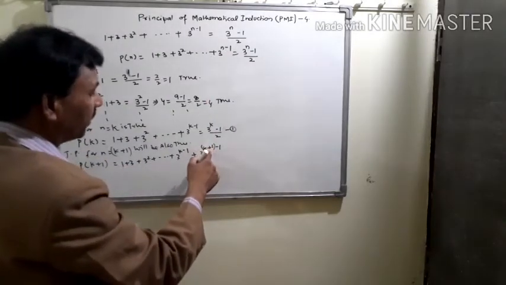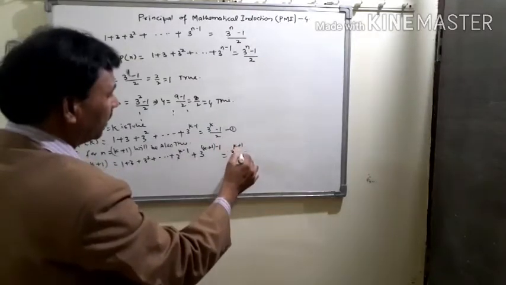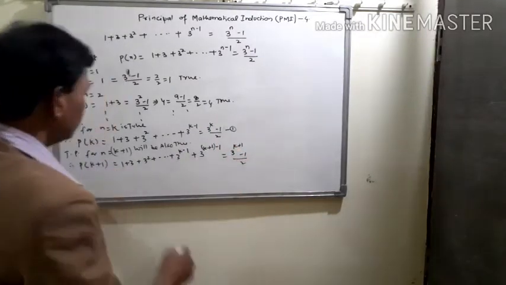This is in place of n, and it equals (3^(k+1) - 1)/2.